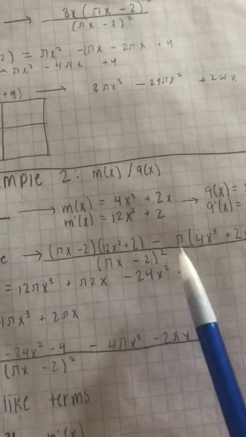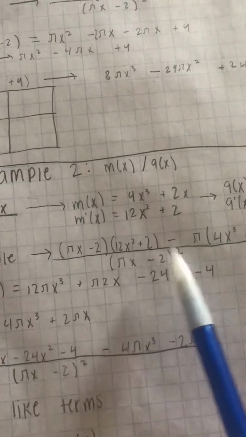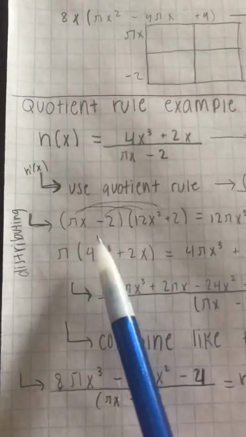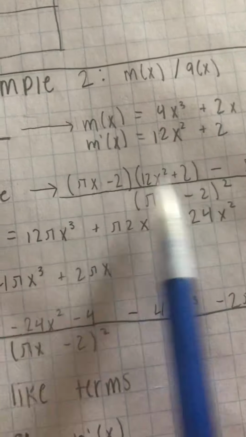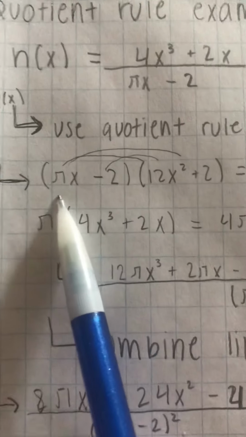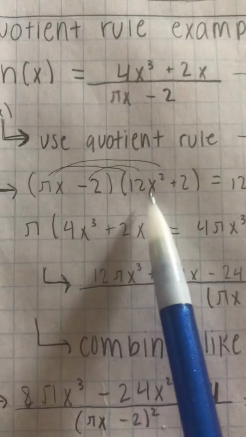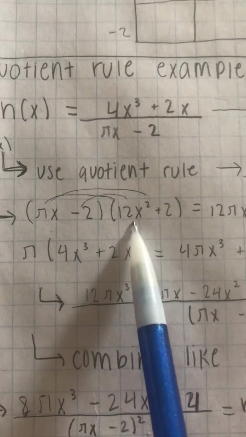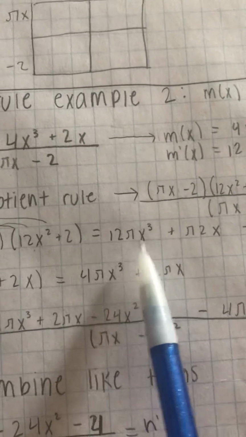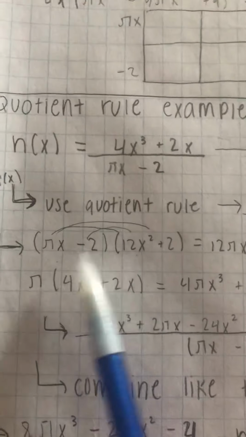Since this one is just a lot of combining terms and distributing, the first thing I did was distribute all of the parentheses. So first I'm distributing these two right here. So I have pi x minus 2 times 12x squared plus 2. So pi x times 12x squared is 12 pi x cubed. They have that x in common.